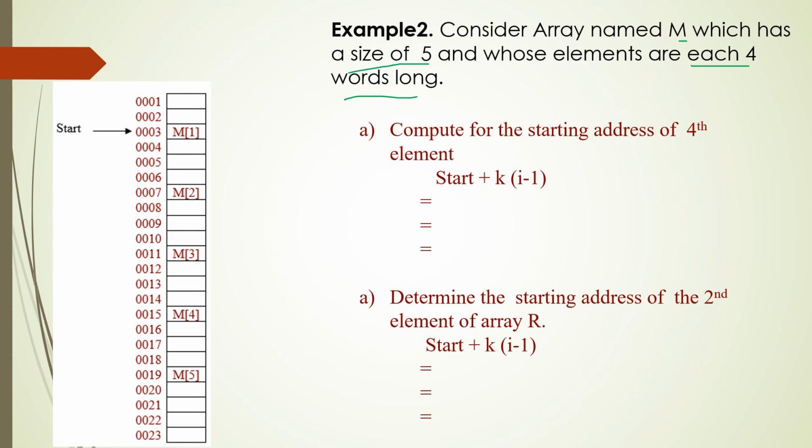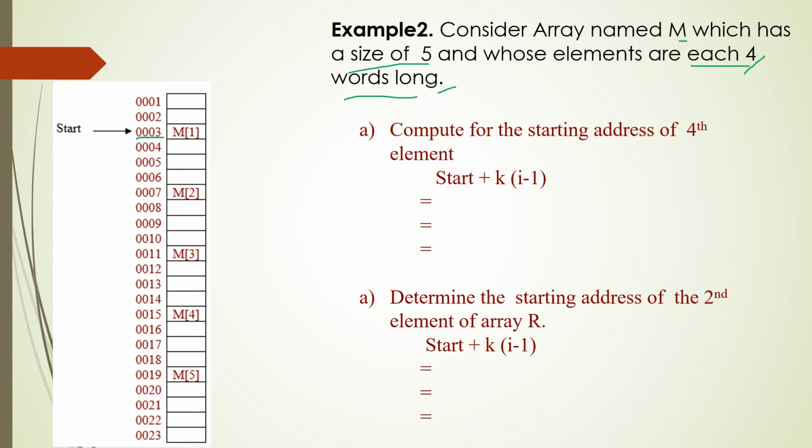So, we have 5 elements, and each element is 4 words long. So, how are we going to do that? So, let's say, again, the address of the first element is at 0003. Okay? So, each element is four words long.